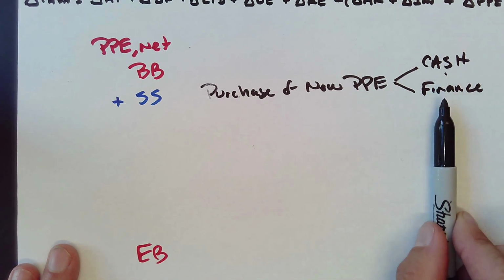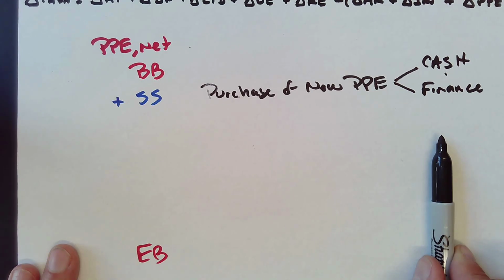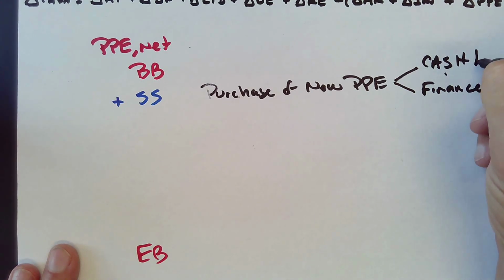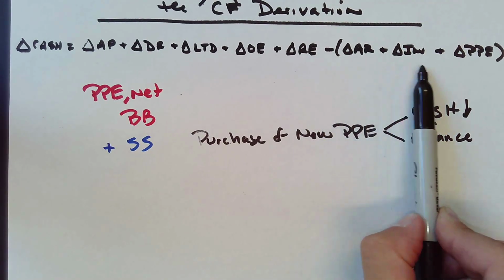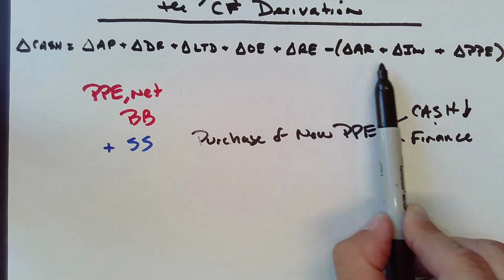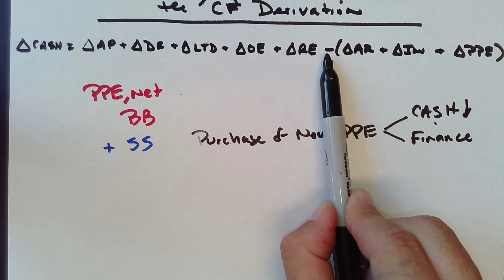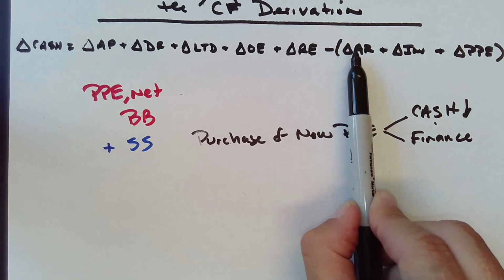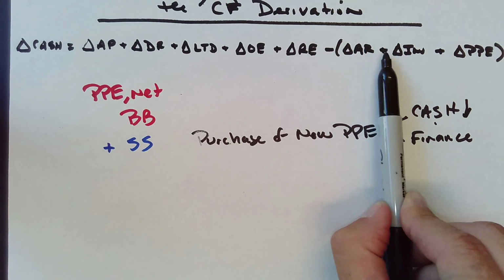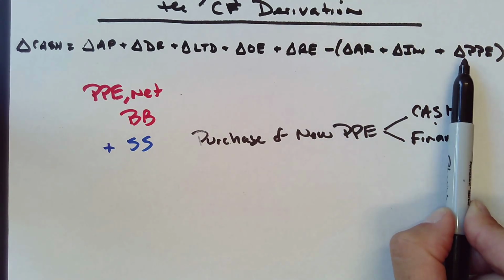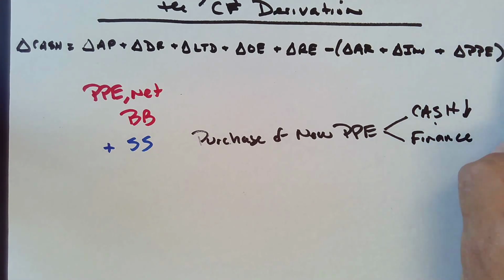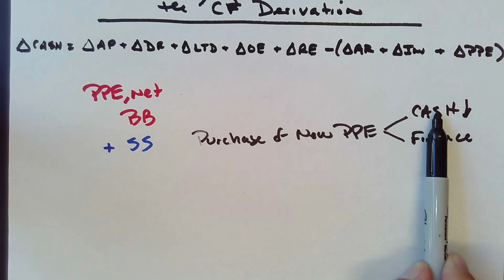That's a decrease in cash. And you can see that, right? We go back up to our derivation. Everything in here, if it's an increase in PP&E, this minus sign goes to all of the terms inside the parentheses. So if PP&E increases and only increases, that's going to be a reduction in cash.